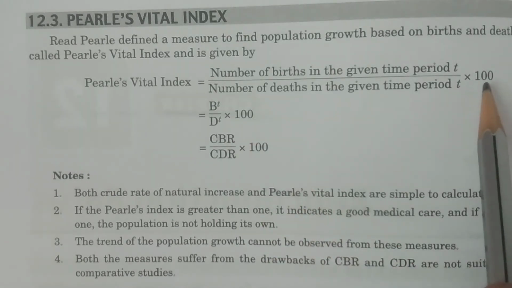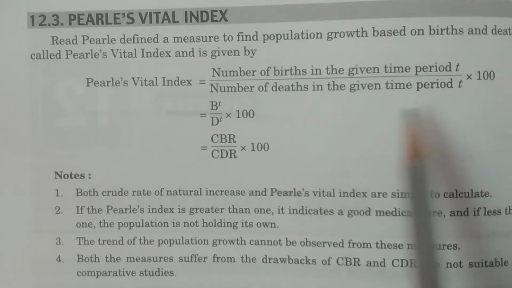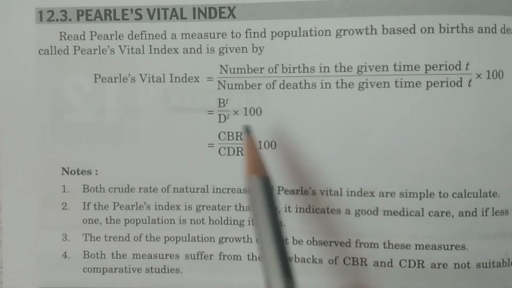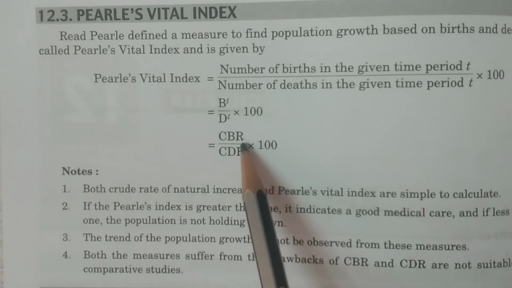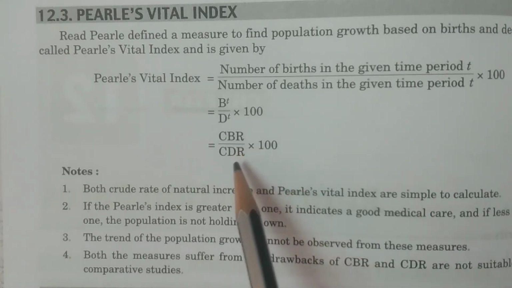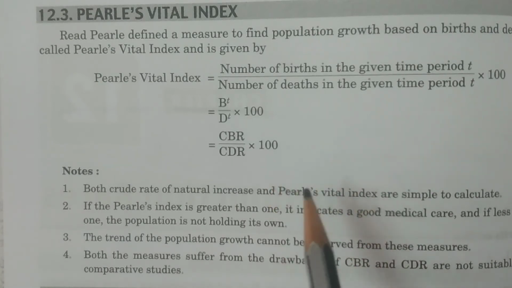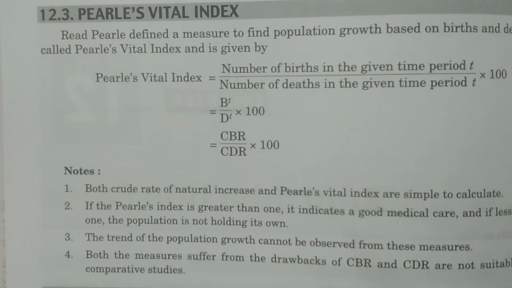Not 1000, it is 100. The rate is calculated per 100. That is, crude birth rate divided by crude death rate, into 100. This is a simple measure, Pearl's vital index. It is a ratio of crude birth rate and crude death rate.